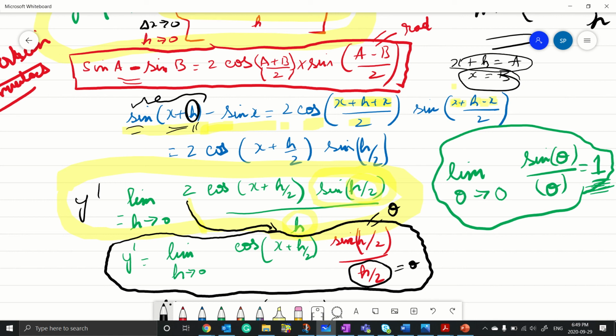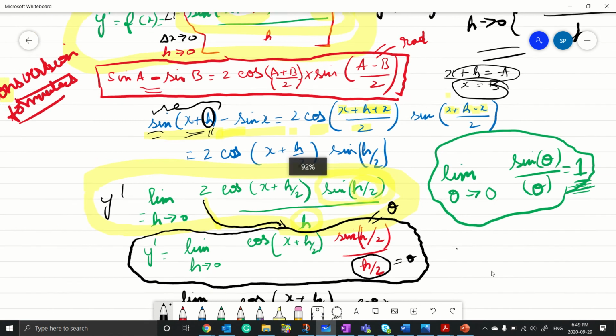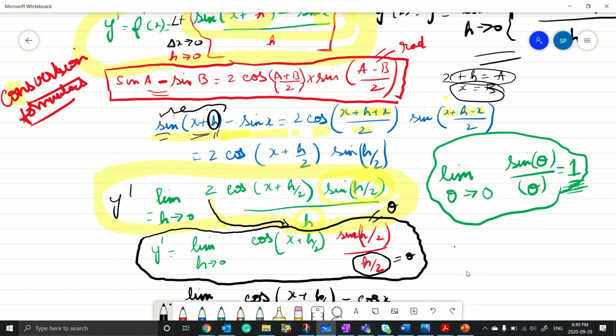So you can be sure that h is also a small change in the angle. So it is definitely just h by 2 is theta. Okay, we will go further.